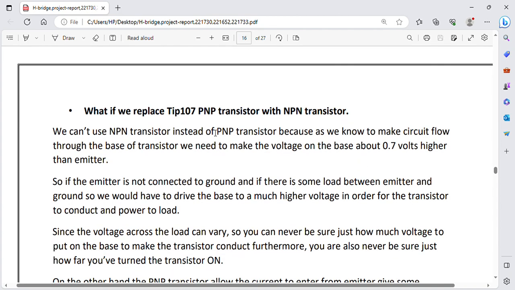Here we discuss why, if we replace the PNP transistor with NPN, we cannot use an NPN transistor instead of a PNP transistor. As we know, to make current flow through the base of a transistor, we need to make the voltage on the base about 0.7 volts higher than the emitter.